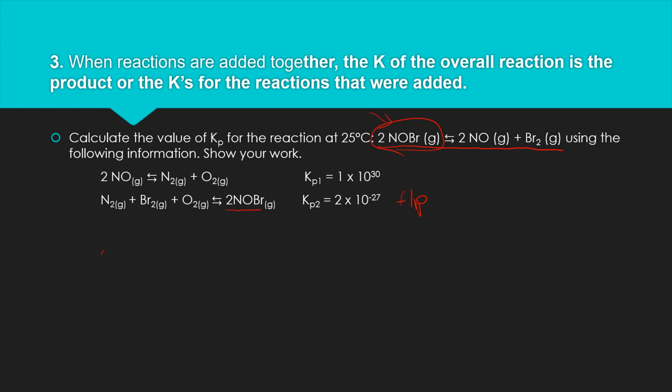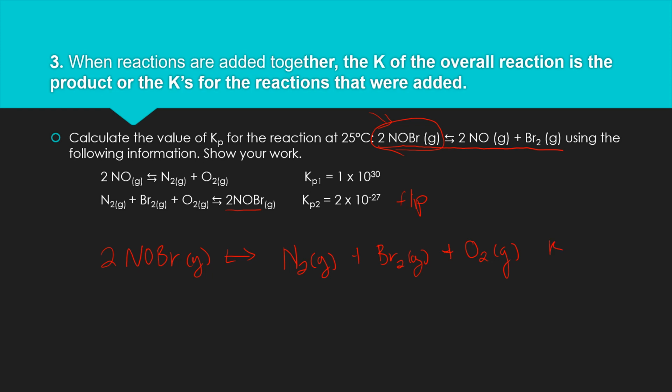So I've got 2 NOBr, and I'm going to flip it around and put the reactants on the product side, N2 gas plus Br2 gas plus O2 gas. So that flips my reaction. Well, what does that do to my K value?